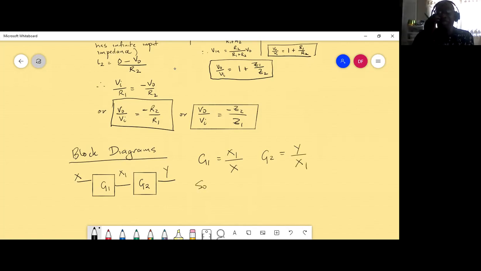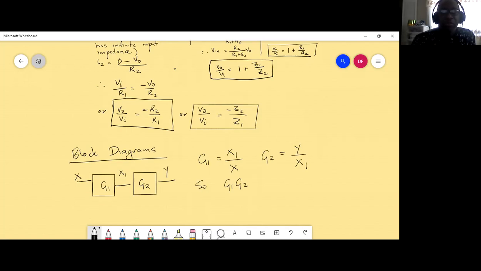All right, if we have cascaded blocks, two blocks put together, then if I multiply G1 by G2, so the transfer function is output over input. The output over the input gives us the transfer function, which I'm calling G1. And G2, the transfer function is Y over X1, which I'm calling G2.